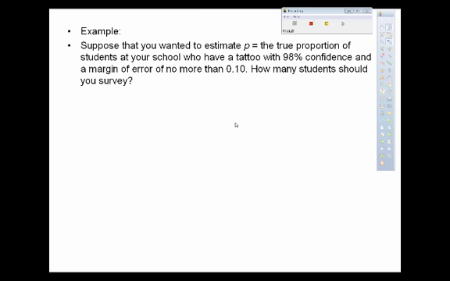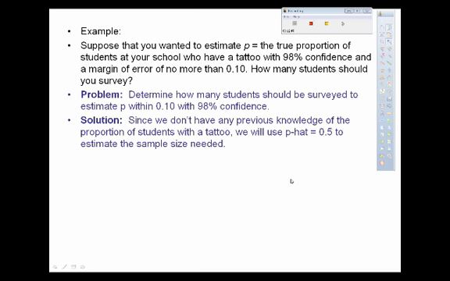Well, the problem is to determine how many students should be surveyed to estimate p within 0.10 with 98% confidence. Our solution: since we don't have any previous knowledge of the proportion of students with a tattoo, we'll use p hat equal to 0.5 to estimate the sample size needed.